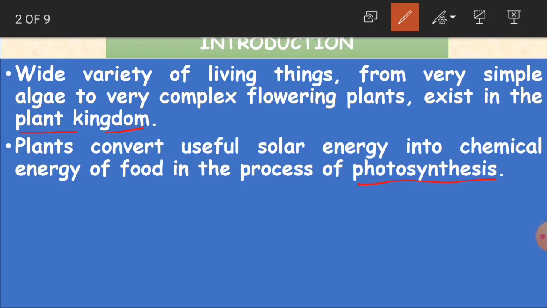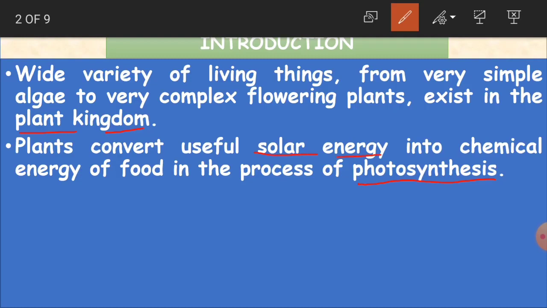What we are saying here is that plants convert useful solar energy. How do plants get their food through photosynthesis? That photosynthesis is carried out using solar energy.